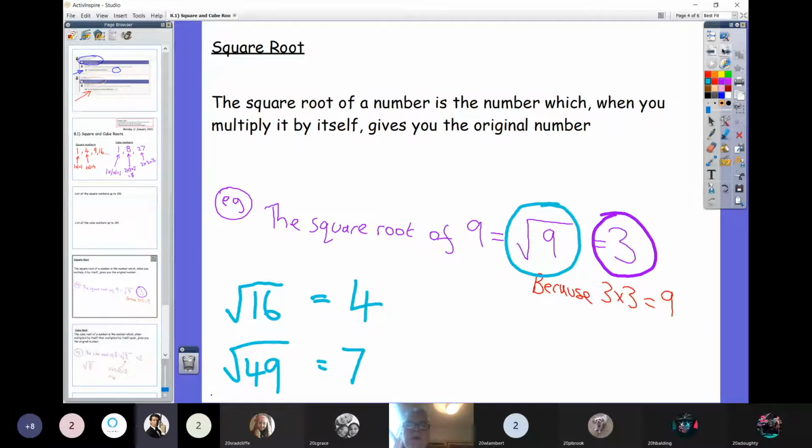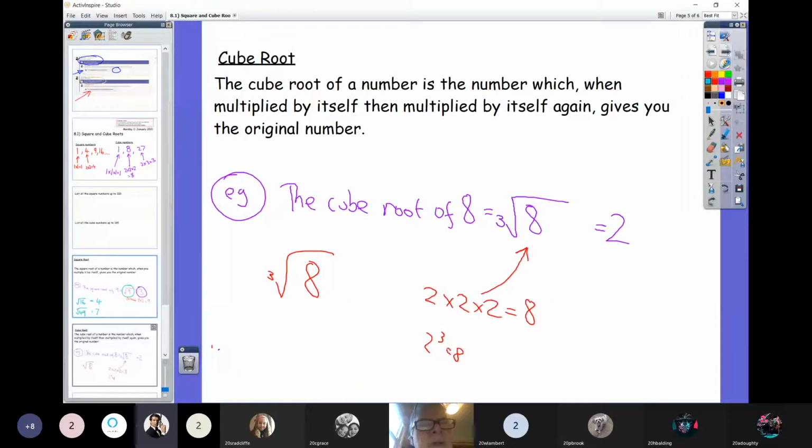So what is a cube root? A cube root is a number which times by itself and times by itself again gives you the original number. So let's have a think about this. What is the cube root of 8? And notice how cube root is written. It's just like a square root, but you put a little 3 on the end of the tick.